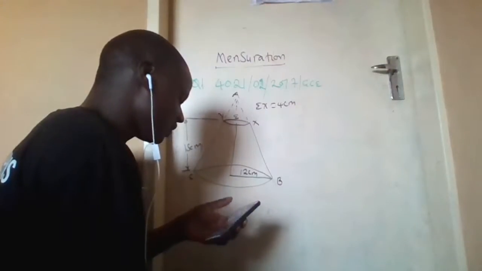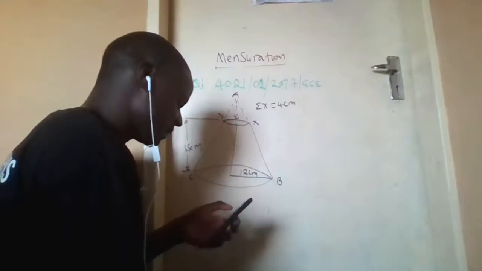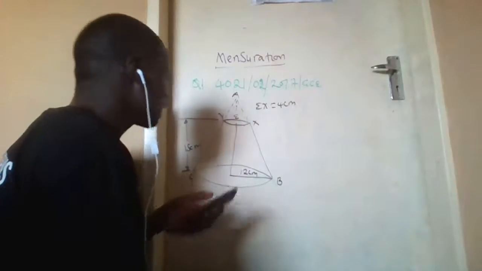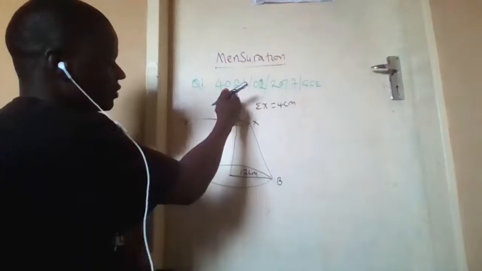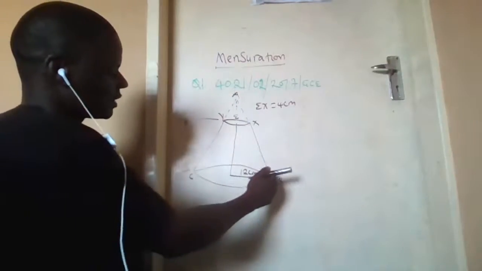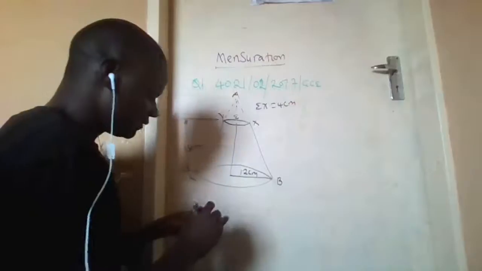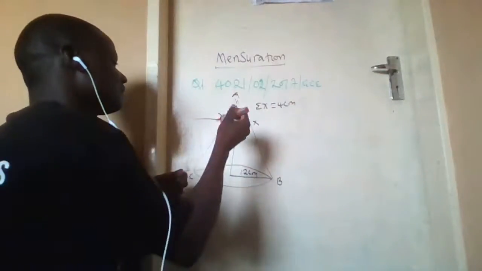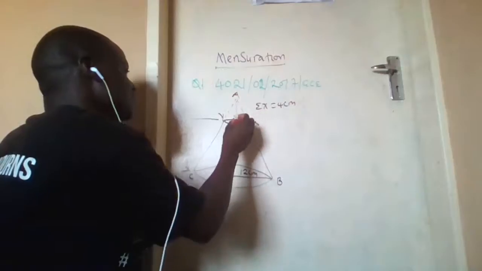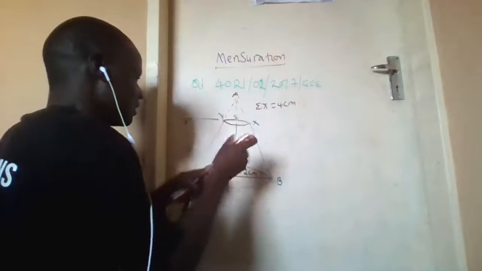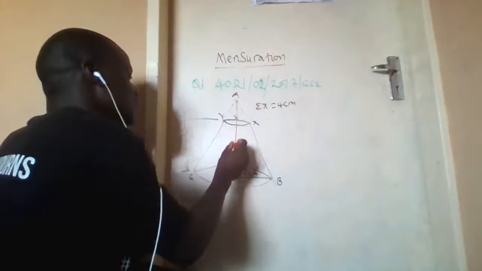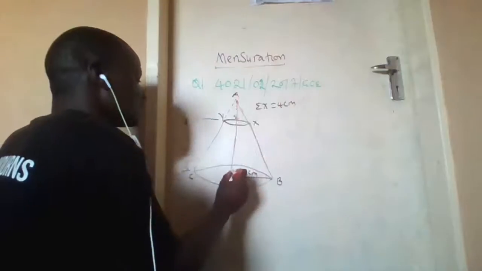So what we're going to do is look at the correspondence in terms of sides. We are going to divide this cone into two, like that. Hope you are following. We're going to have two shapes like that.